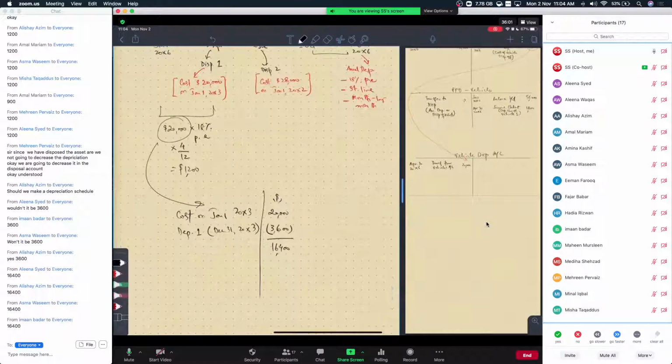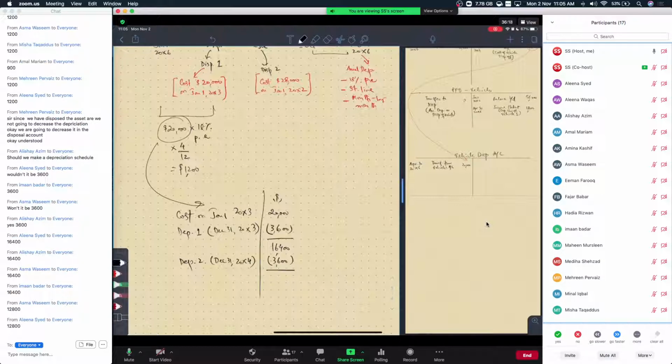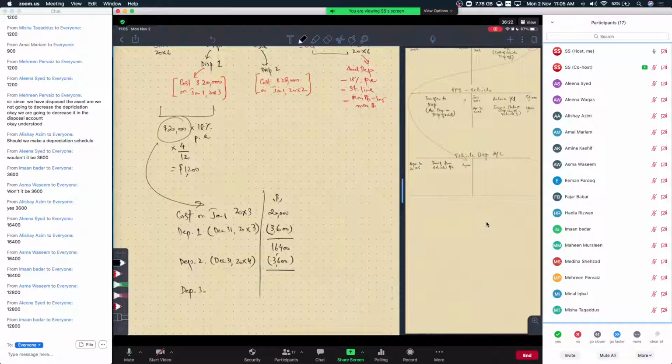So $16,400, right? Then comes the second year's depreciation, right? That must have been charged on 31st of December 20x4, which should be the same $3,600, right? And that will make the net book value whatever. And then the third depreciation must have been charged on 31st of December 20x5.